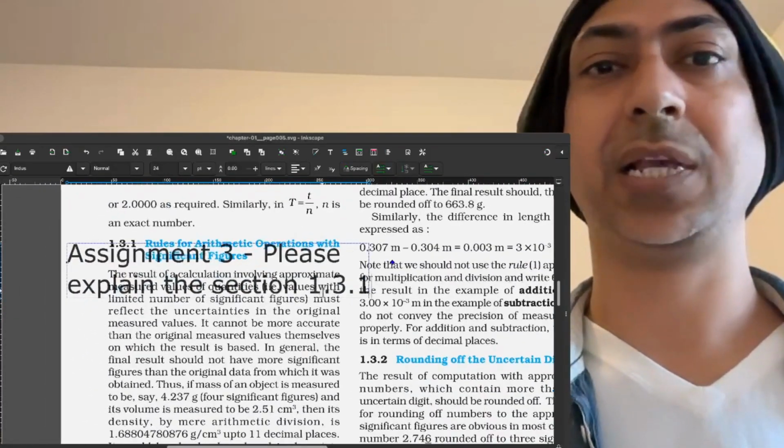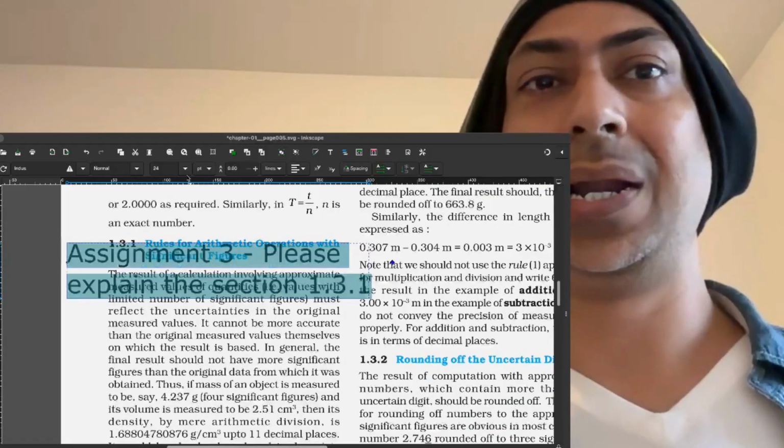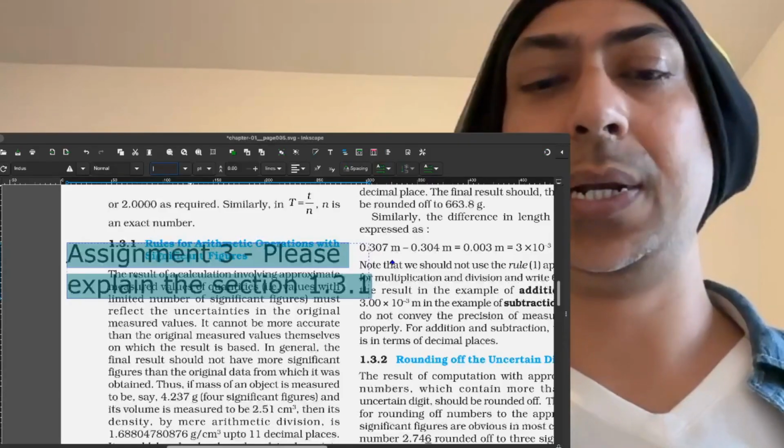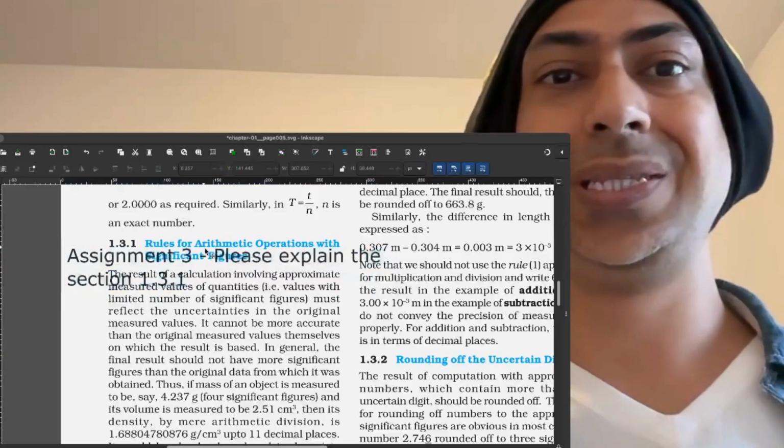Assignment 3 is to please explain section 1.3.1, and write it in a way that does justice to the topic.